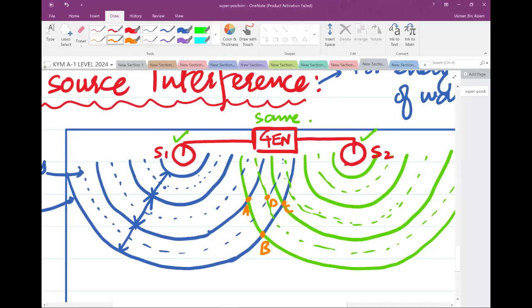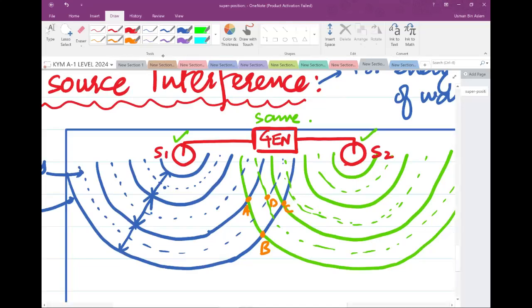If instead of water waves they were sound waves, and I kept a microphone over here, I would be able to see that the sound wave has an increased amplitude. I'll show this to you on a simulation as well. Don't worry. But I would have to show you some mathematics before I move on to the simulation. Are you with me so far? Yes. Okay, I'm going to show you some mathematics.